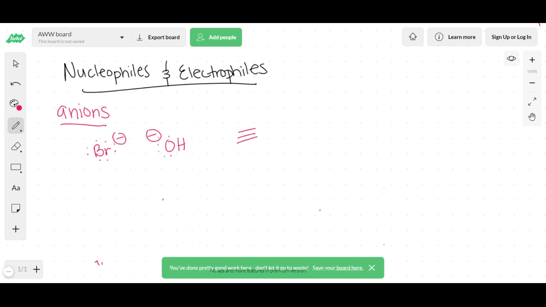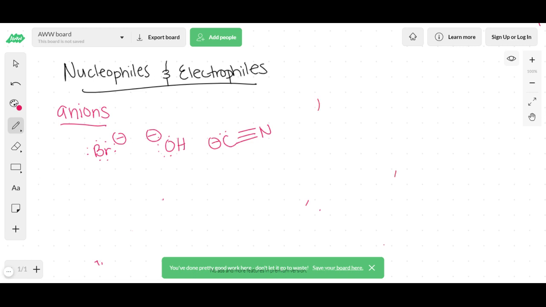And even something like cyanide. Cyanide has a triple bond, but it has one lone pair on the carbon that gives it this negative charge. Those lone pairs that allow for that negative charge are what's going to do the attacking onto an electrophile.